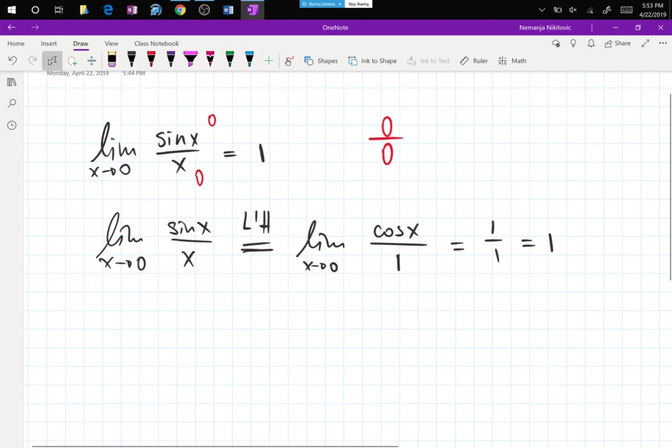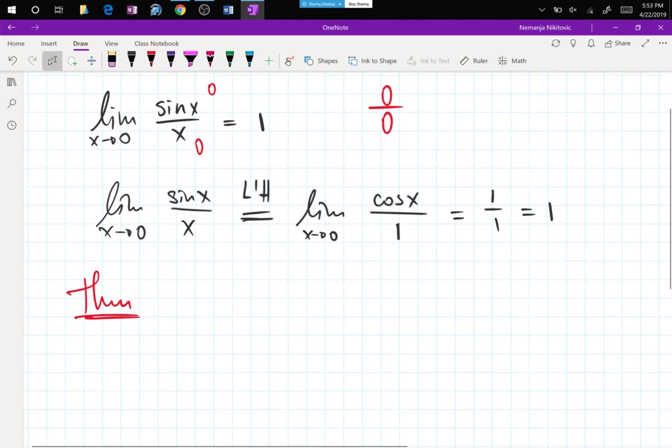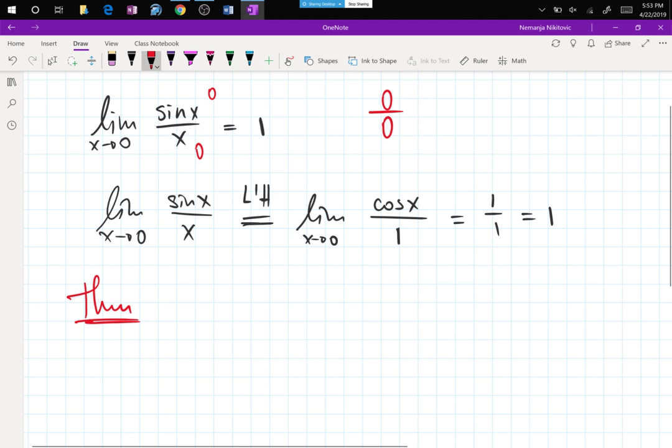So, with this being said, we can write the L'Hopital's rule theorem, which is again Bernoulli's rule. So the theorem goes like this.